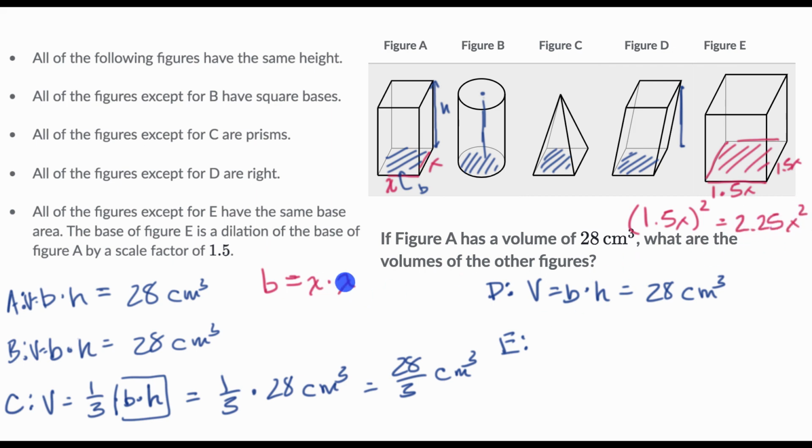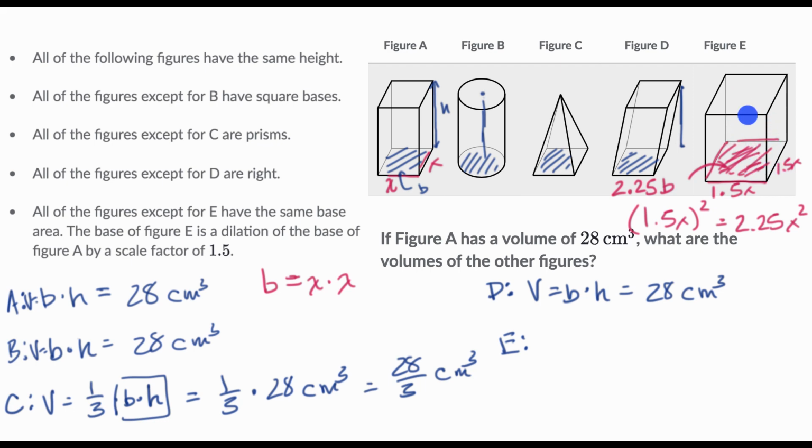And we know x squared, or x times x, is equal to B. That is equal to our original base area in all of these other figures. So the area right over here is going to be 2.25 times B. That wasn't so easy to read. Let me write that a little bit clearer. 2.25 B is the base area right over here.